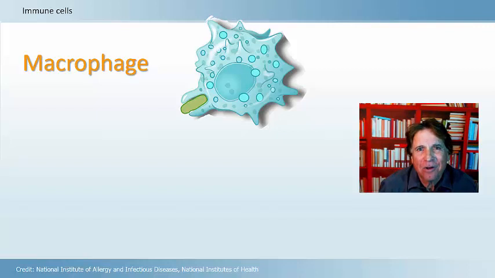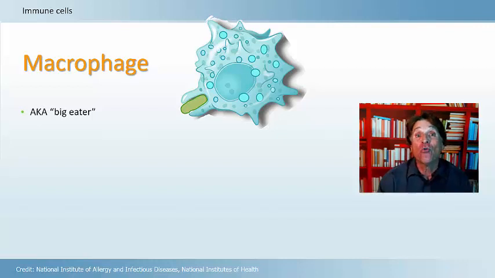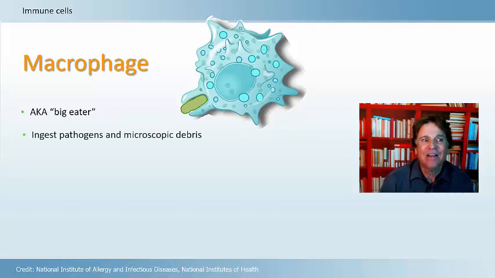Another type of white blood cell is called a macrophage. And the word itself means macro, large, phage means eater. And these are the big eaters. These cells also ingest pathogens and microscopic debris.